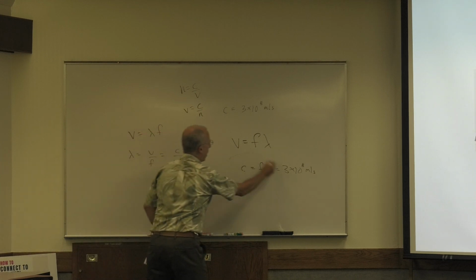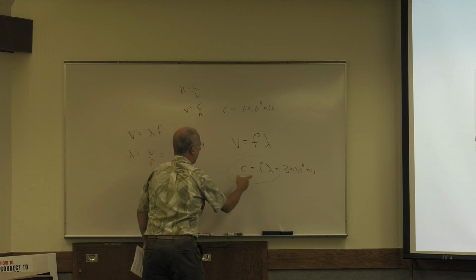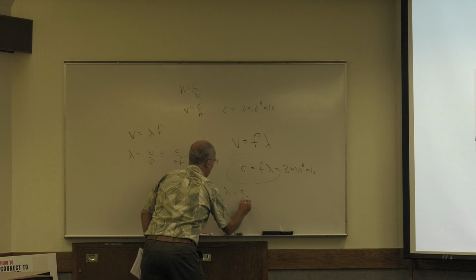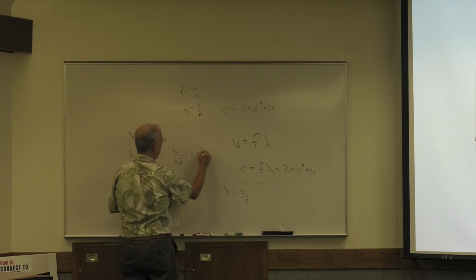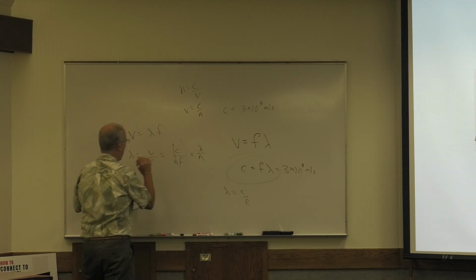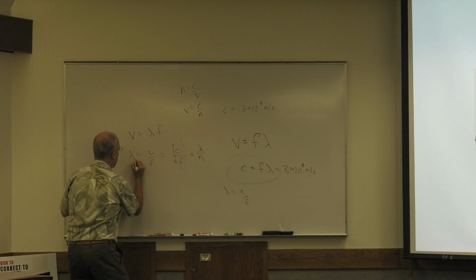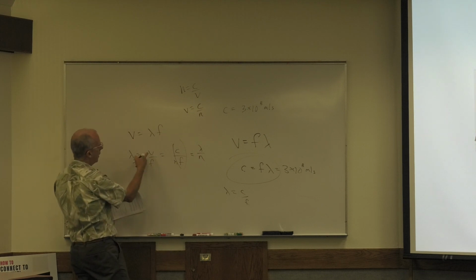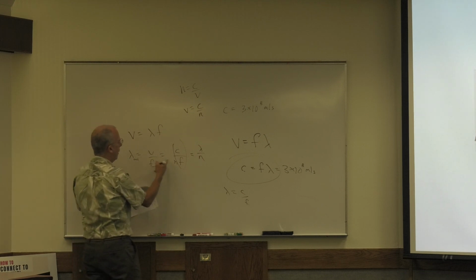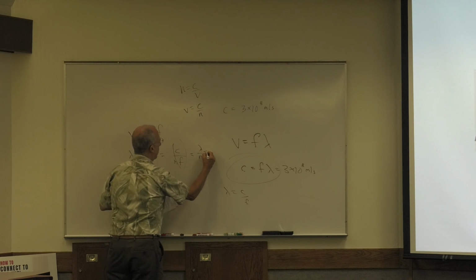But we can also solve for lambda here, so lambda equals c over f. So that's just lambda over n. I should have said this is lambda medium. Lambda medium equals v over f. That should be obvious, because I have a v, I don't have a c. Then this is lambda vacuum.